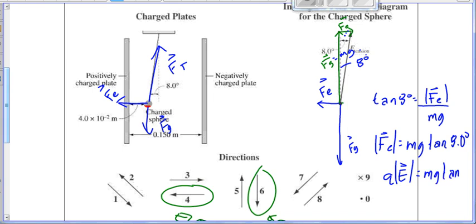And we solve for Q there. We've got the electric field, we've got the mass, g, and we've got the angle. We can solve for charge. That's a hard question. Yeah, that's a hard question. This is as much vector analysis as it is physics 30, but it is what it is.